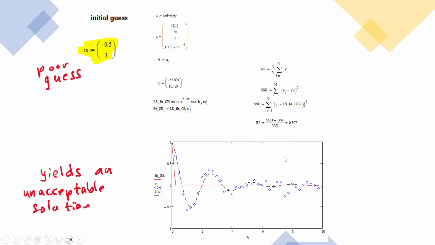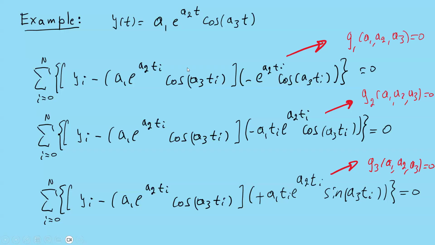Now it has changed to negative 67. Once we check the correlation coefficient based on these two coefficients, A0 and A1, as you can see, the value of R square decreased to 0.307. This is not a good fitting, because the R square or correlation coefficient should approach 1.